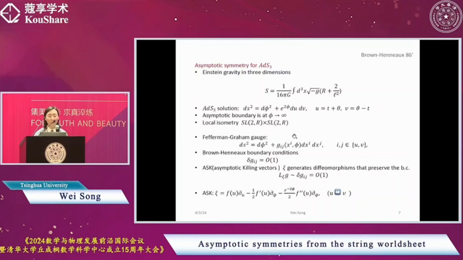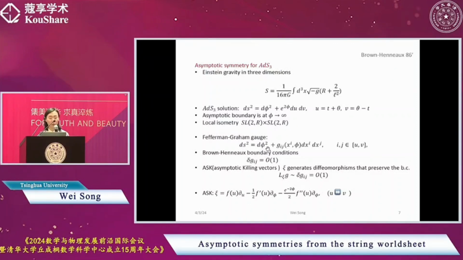When we talk about the boundary condition of the theory, usually we are talking about a class of solutions to Einstein's equation. And usually we can take the so-called Fefferman-Graham expansion.